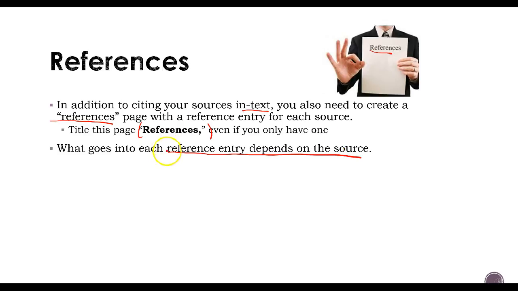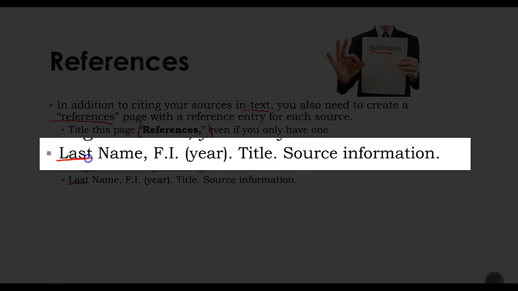This is where the citation format gets a little bit complicated, because each source has different requirements for the reference citation. As a general rule, reference citations always include the author's last name and first initial, or the organization, if it's an organization, the year, the title of the piece, and then the source information.